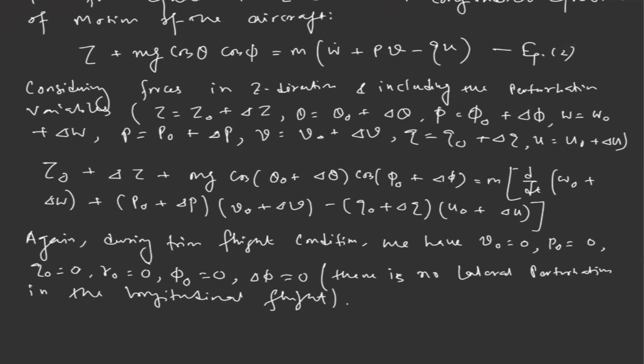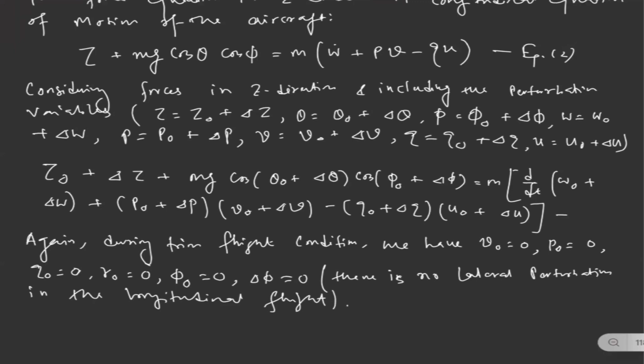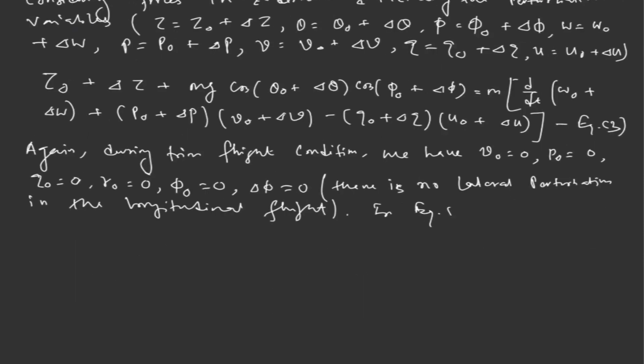Now let me write this as equation number 3. In equation 3, for small value of del theta, the term cos(theta naught plus del theta) yields... Why small value of del theta? Because we are going to study the system around the equilibrium point, so this perturbation is assumed to be very small.